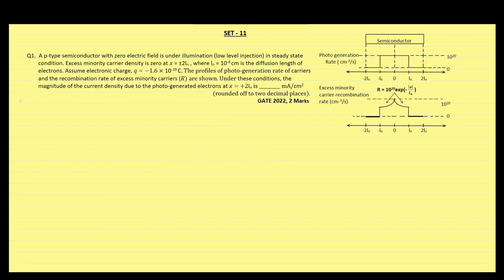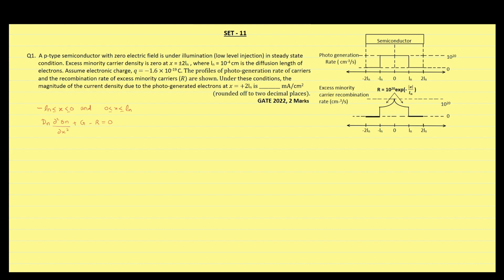Now, for the region, the continuity equation will be as follows. Since it is provided in the question that the electric field is 0, the terms relating to the electric field become 0, and also since the semiconductor is in steady state, the differentiation of excess carriers with respect to time will also be 0.